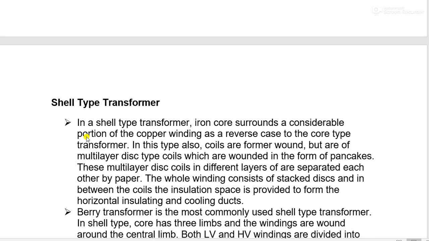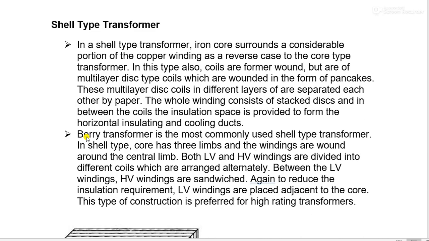Now the next type is the shell type transformer. In a shell type transformer, the core provides a double magnetic circuit.